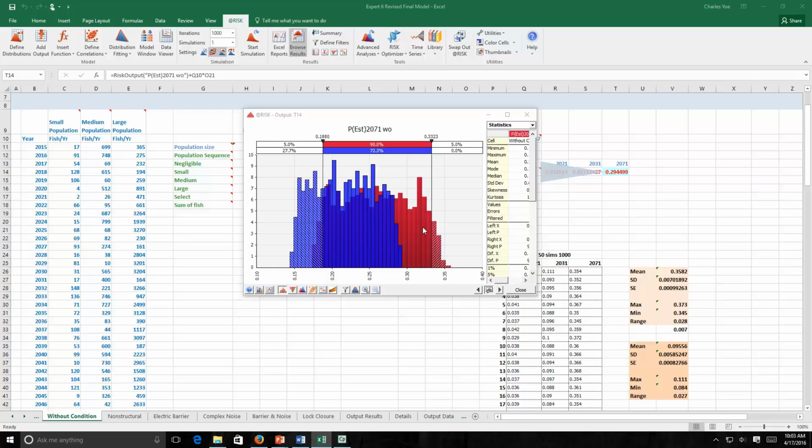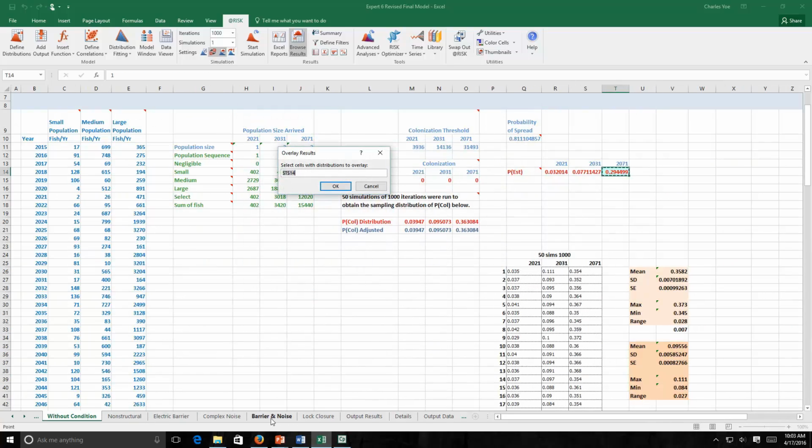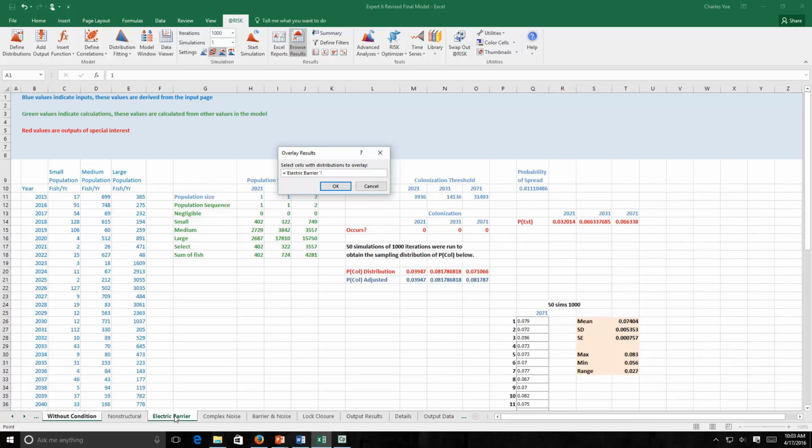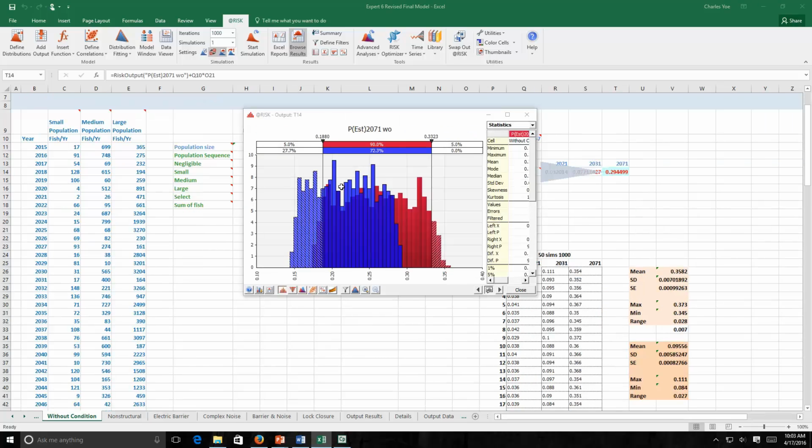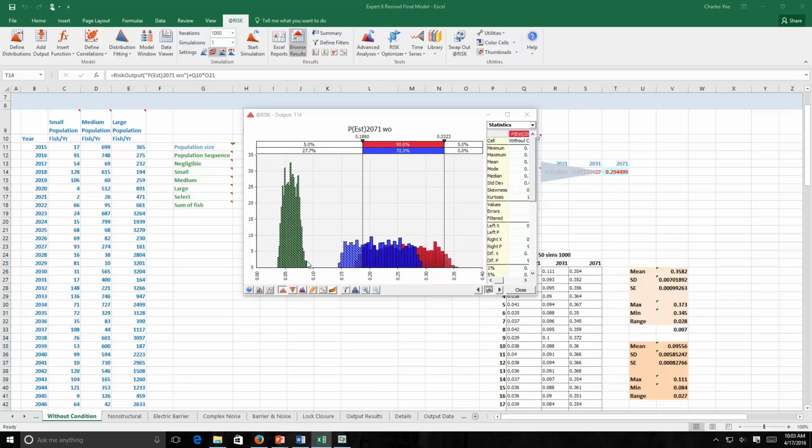Now keep in mind, we are just looking at one of 6 experts, and there are other experts who feel that the non-structural plan would be more effective. But we'll stick with this one expert now and take a look at how they see the electric barrier here, and select our probability of establishment. And we say OK. And here we see that had a fairly substantial effect. So in a similar fashion, we can add each of the scenarios.